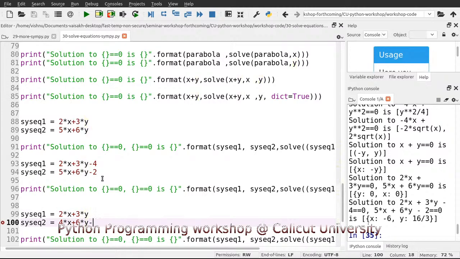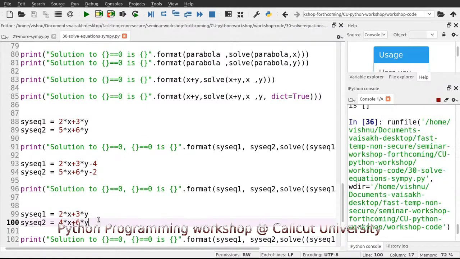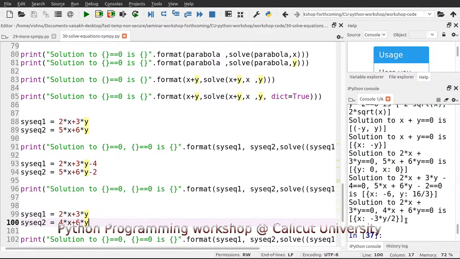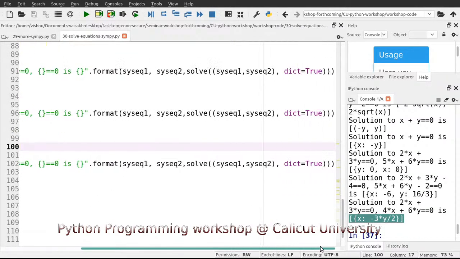Let us put it to be minus 2. So what will happen? Also, this is empty. Yeah, here the solution is appearing to be x equal to 3y by 2. So it's appearing correctly. There's no problem. So linear algebra equations can be solved like this.